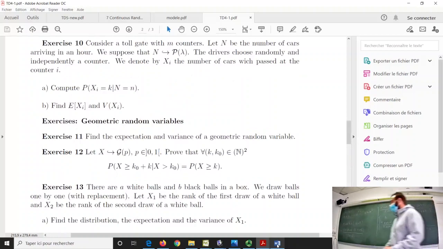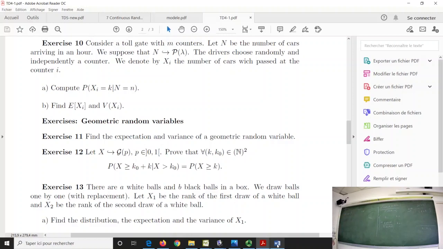So I repeat, I said that if I want to solve my problem here, and to prove that the conditional probability is equal to the right part, the only thing I have to compute is the probability that x is greater than or equal to i, with i greater than or equal to 1.